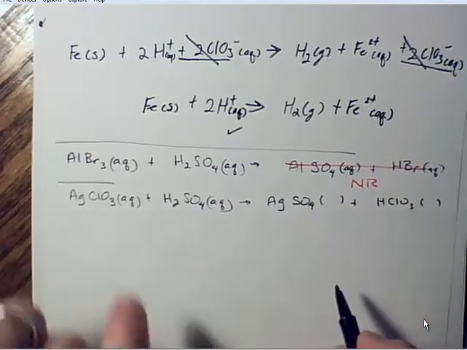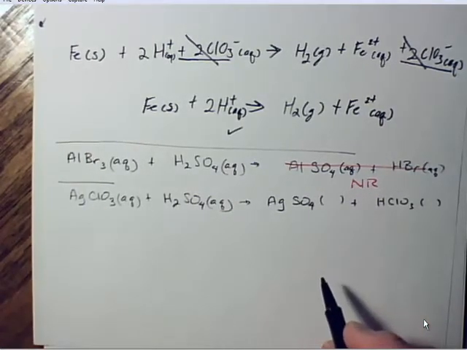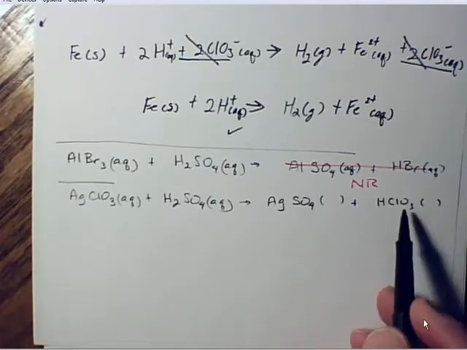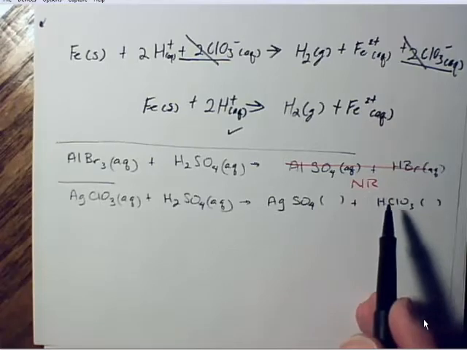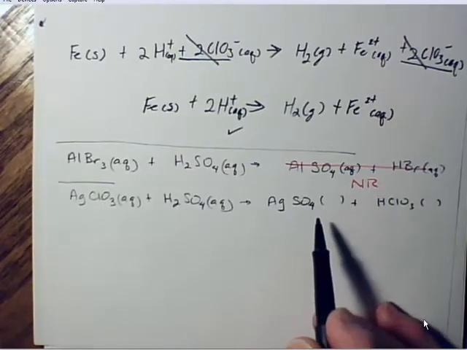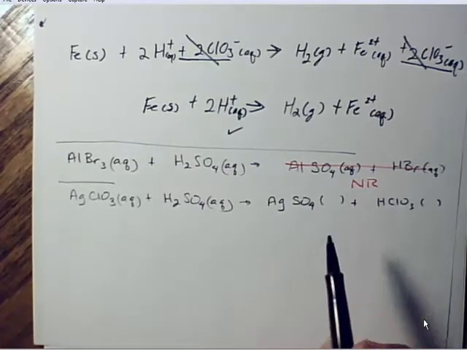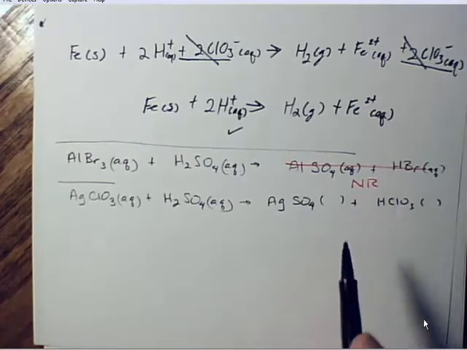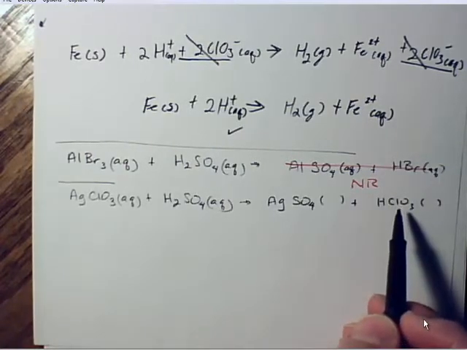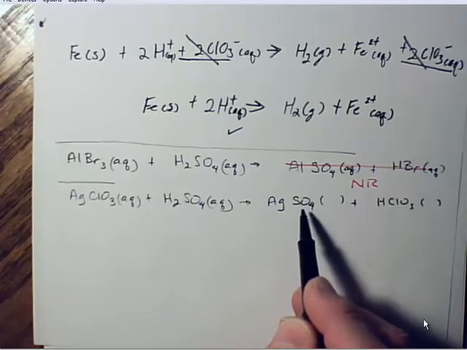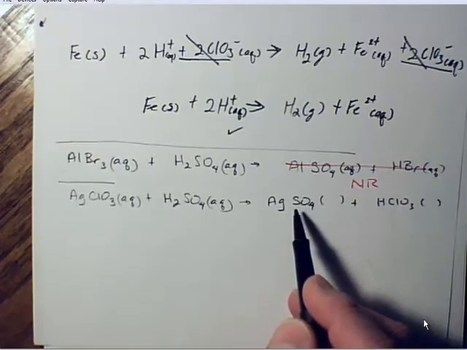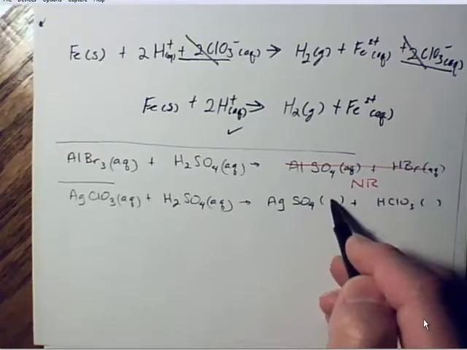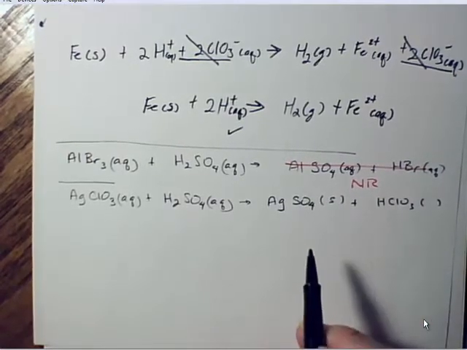The driving force will be the formation of water, the formation of a gas, or the formation of a solid. There's no water in these formulas. There's no readily recognizable gas being formed here, so the only thing that's available to us for a driving force is the formation of a solid. Since you memorized the solubility rules, you should know that sulfates, while they are mostly soluble, are not soluble when they're bonded with silver, so this is a solid, and that provides our driving force.